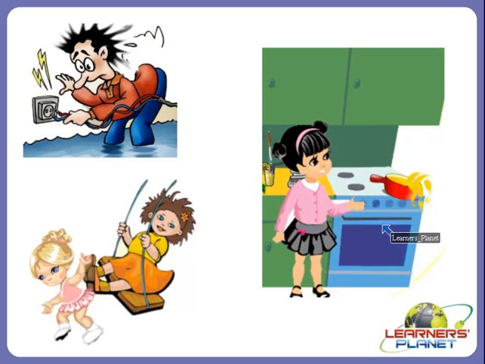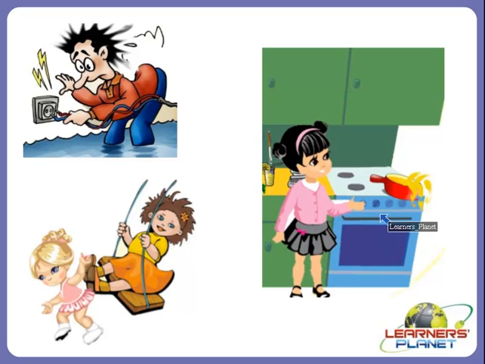And the third picture, what does it show? Yes, this is a kitchen. You can see, children, that this girl knocked the pan off as it was not turned away from the edge of the slab, and that is why the pan fell.